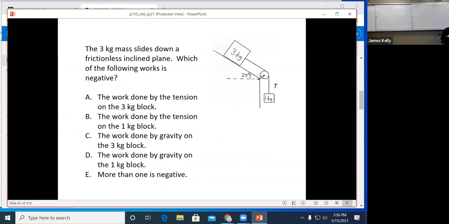The 3 kilogram mass slides down a frictionless inclined plane. Which of the following works is negative? Imagine I held this and then I let it go. It's just accelerating while the string stays taut. Which of the following ones is negative?